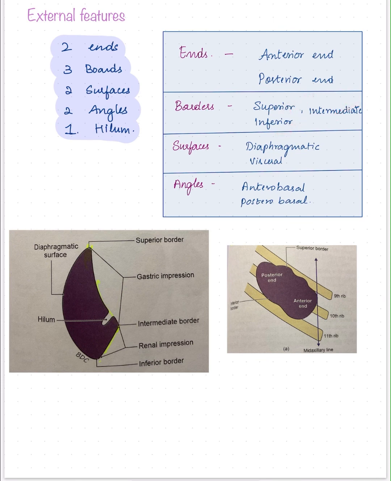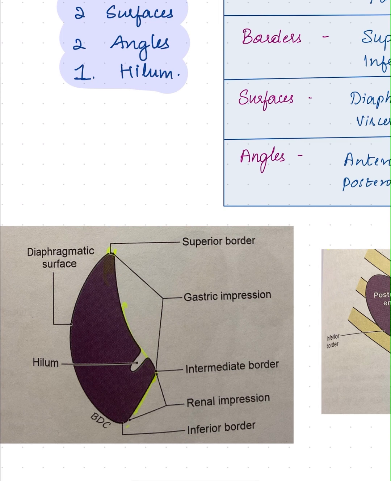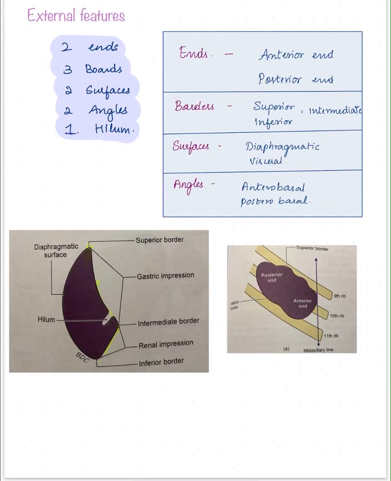The superior border, you can see over here, is notched near the anterior end and the inferior border is round. What about the intermediate border? It is also round, but it is directed towards the right. The spleen is present on the left side, where the intermediate border of the spleen is directed towards your right side. That is what it means.